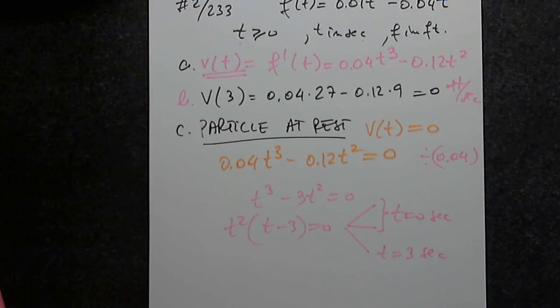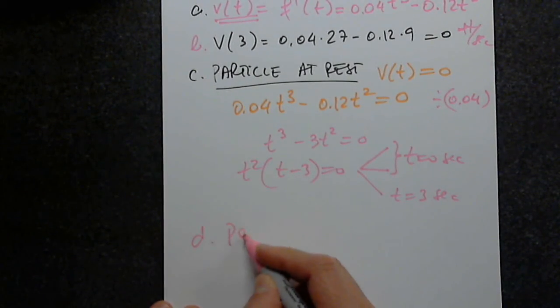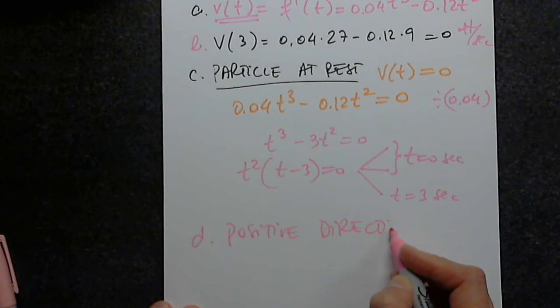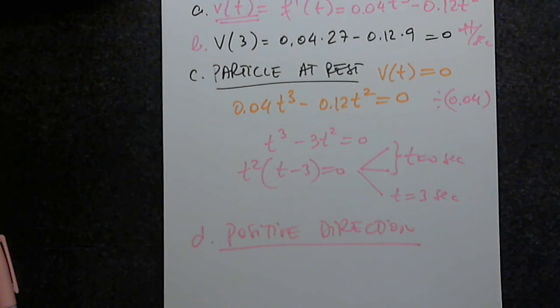Okay, part D. When is the particle moving in the positive direction? We had situations like when the velocity was negative.